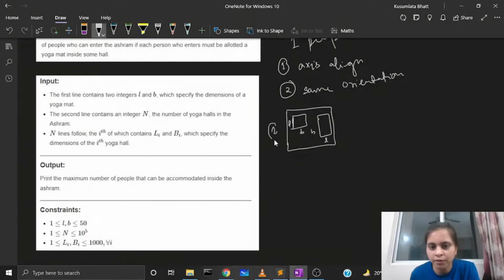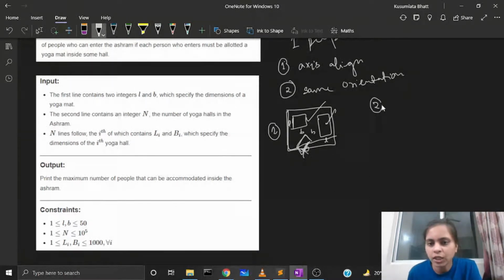So this is what the first condition says, that we cannot keep the yoga mat at any other angle to the rectangular yoga hall. So this will be incorrect and these both orientations will be correct.